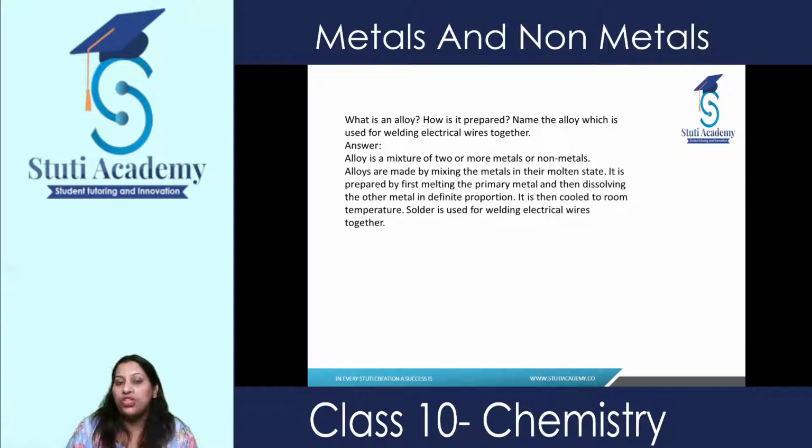And name the alloy which is used for welding electrical wires. Solder is an alloy which is used for welding electrical wires. Other alloys are brass, bronze, the amalgams, and steel also. These are the different alloys which we use on a daily basis, so that will increase the durability of the metals.